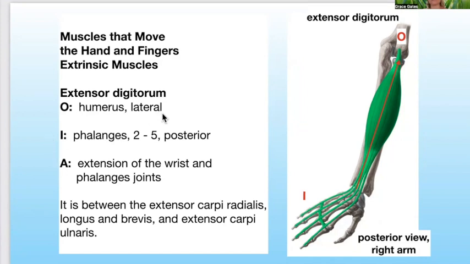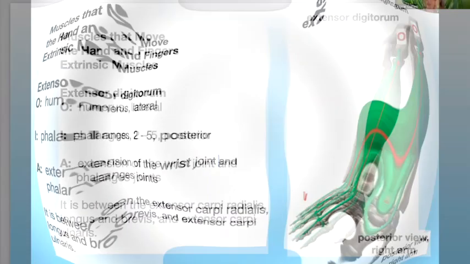The origin is on the lateral humerus. The insertions are on the phalanges 2, 3, 4, and 5. These are the posterior phalanges, of course. The action is extension of the wrist joint and the phalanges joints. The extensor digitorum is between the extensor carpi radialis, longus and brevis, and the extensor carpi ulnaris.